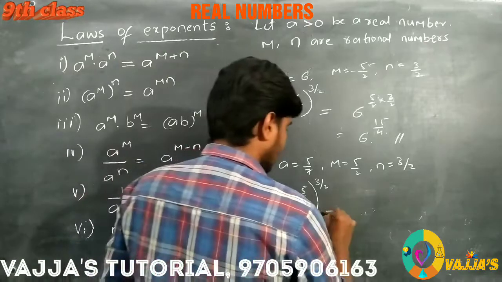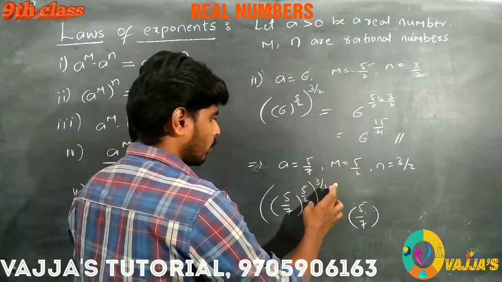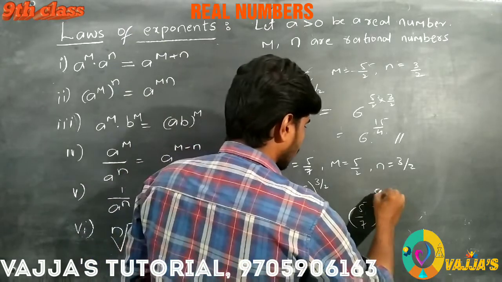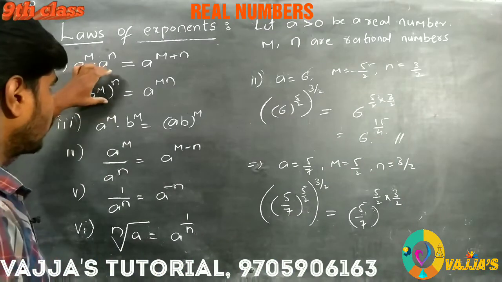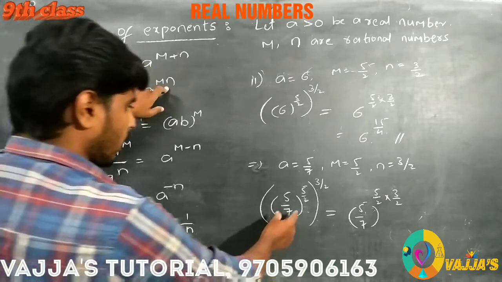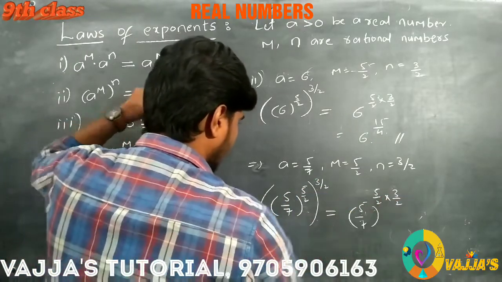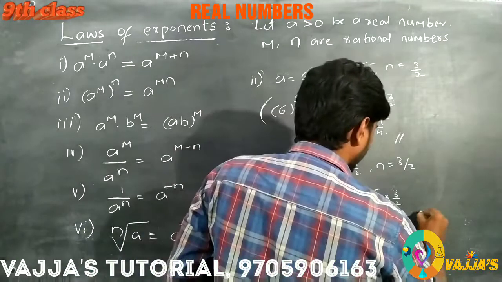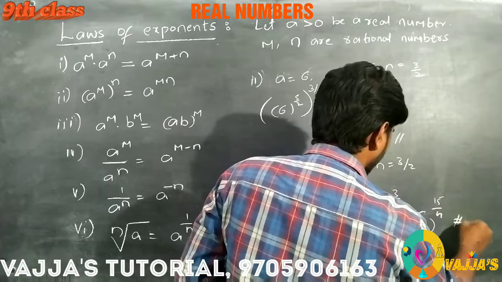We have to multiply the powers: 5 by 2 into 3 by 2. Since a power m whole power n is a power m into n, we get 5 by 7 whole power 15 by 4 as the answer.